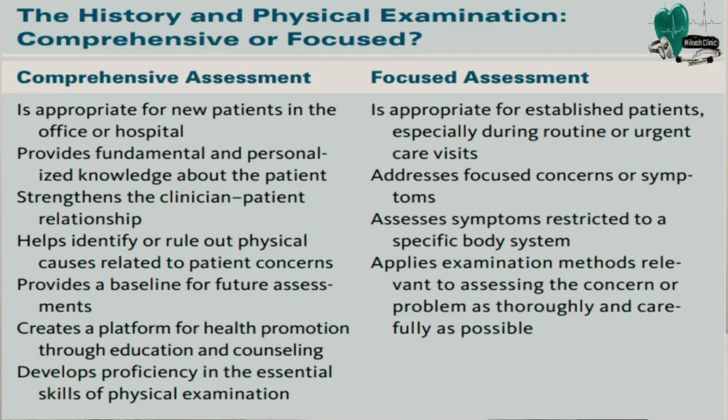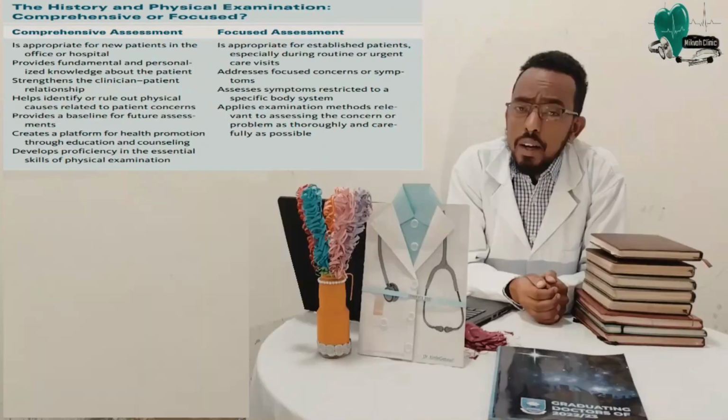This is especially advised for all medical students, who should take a comprehensive history as if they don't know the patient before, or as if they didn't see the card. They should involve each and every component of the history in their assessment. That is what we call comprehensive assessment.